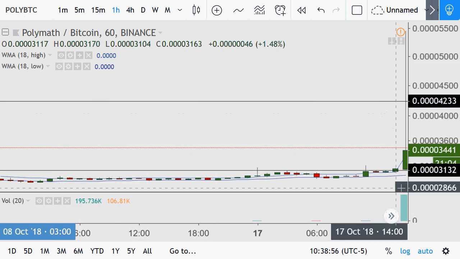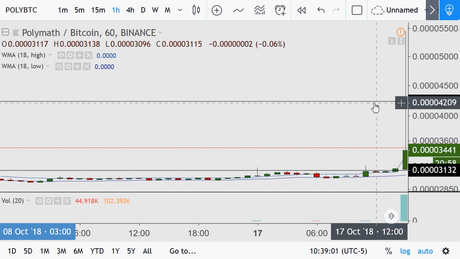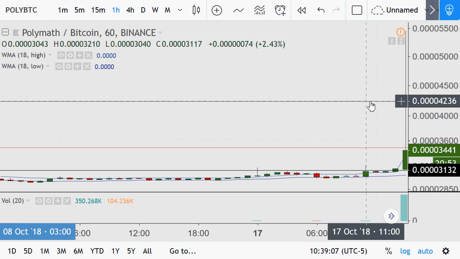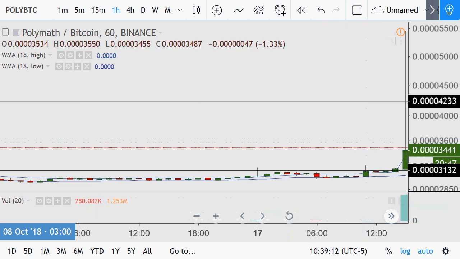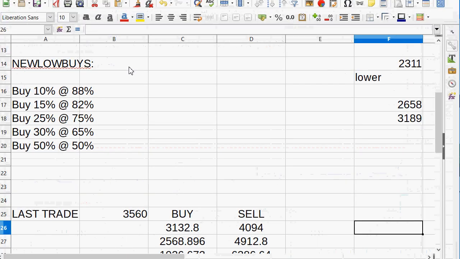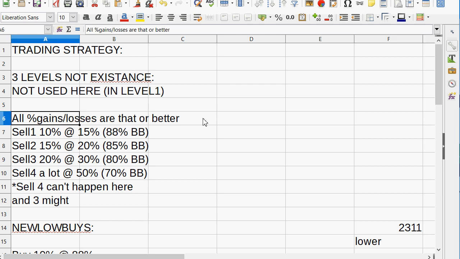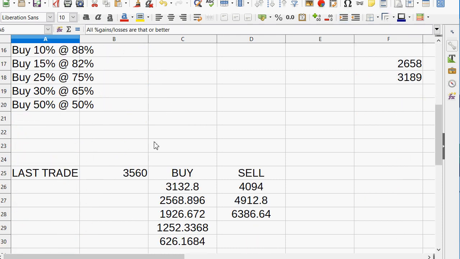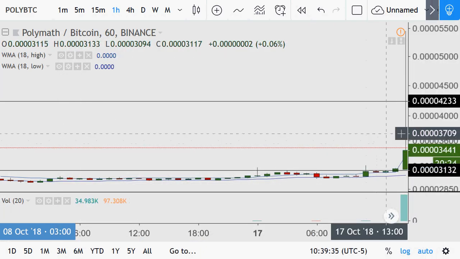The lower sell order would bring in a buy order of 31.32. But the higher sell order, and normally it's a 12% buyback on sell order 1, it's a 15% buyback on sell order 2. But that still gets the number over 35. So when I wrote on the instructions that all gains and percentage losses are that or better, and 35.60 again sees 31, 30, 31.